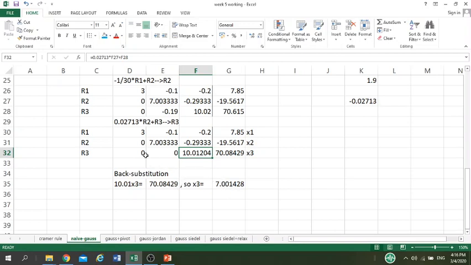So for x2, we look at row 2 here. If you notice, we are working backwards, that's why it's called back substitution.